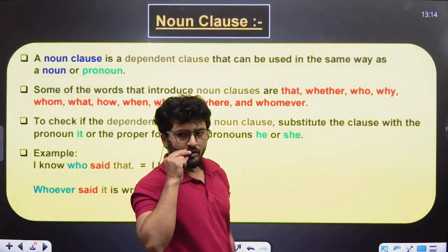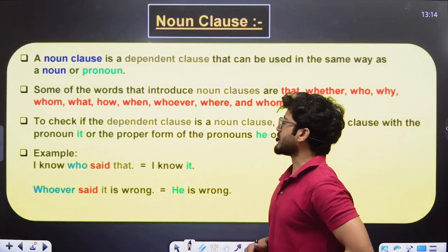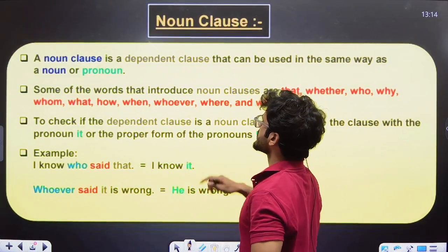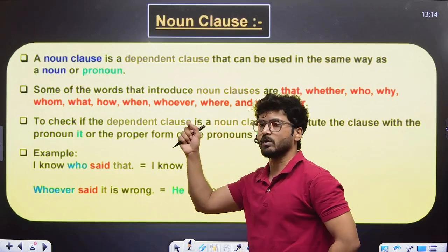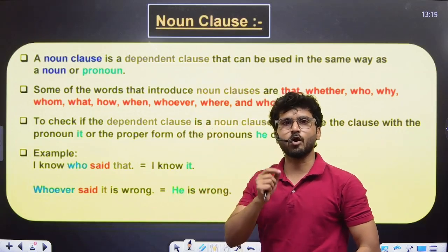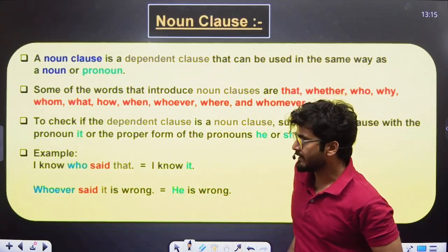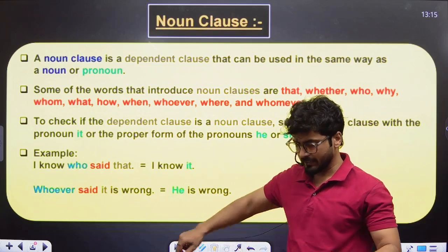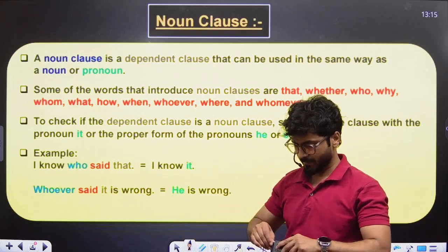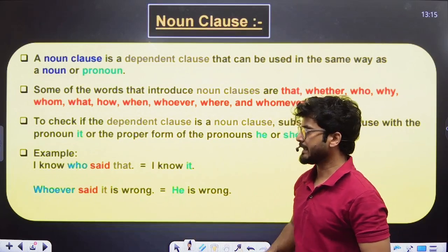Here you can see, in the case of the noun, a noun clause is a dependent clause. I have told you whatever clauses we are discussing, they all are dependent clauses.